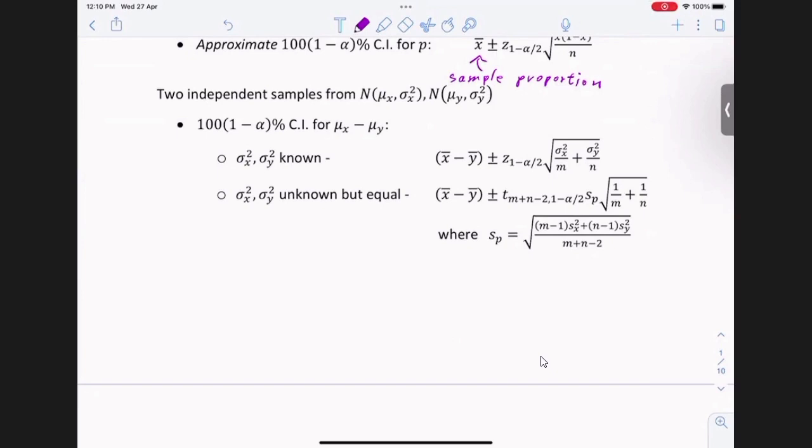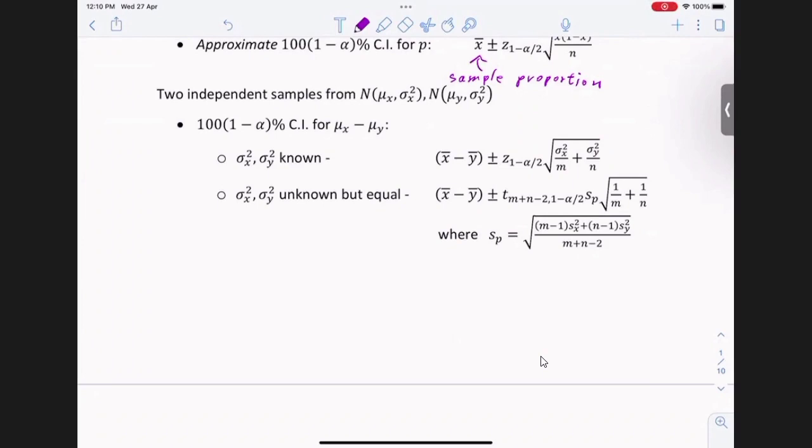If the population variances are unknown, there will also be two different situations, whether we assume that they are equal or not. If we believe that the two population variances are equal, although we don't know the value, then we use this formula. And we have a common estimate of the population standard deviation if we assume that they are equal. We call this the pooled sample standard deviation.